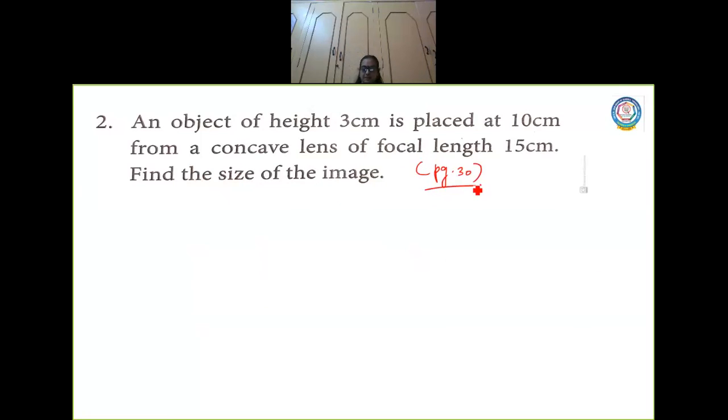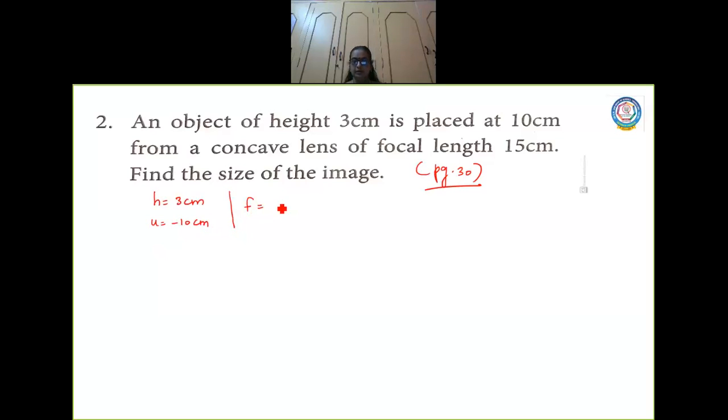An object of height 3 centimeter. So h is given as 3 centimeter, placed at 10 centimeter from a concave lens. So u is minus 10 centimeter, and they have given the focal length.